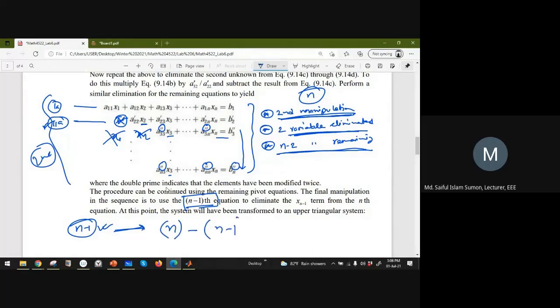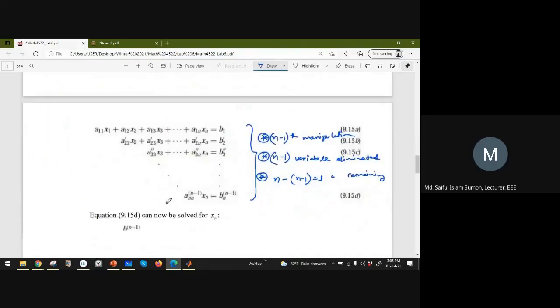After n minus 1 eliminations, there will be one variable, and I get an equation like xn is equal to something, because all other variables have been removed. Suppose it is 5, that's the solution for xn. So my target is to go for n minus 1 manipulations.